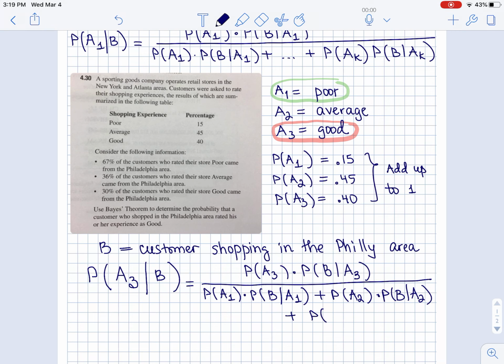That's your denominator. Whenever you have a problem that asks you to use Bayes' theorem, you will see this expression on top, and it's repeated on the bottom. If you notice this pattern, that's not coincidental.